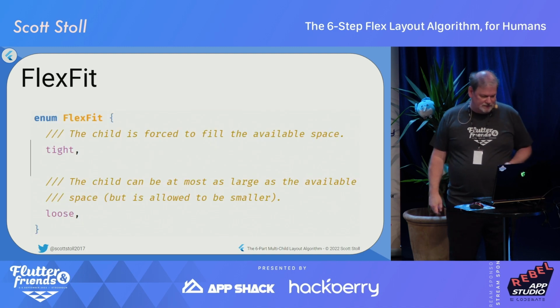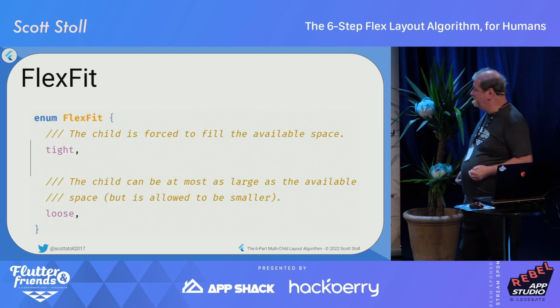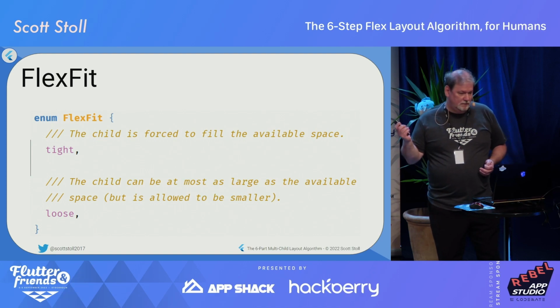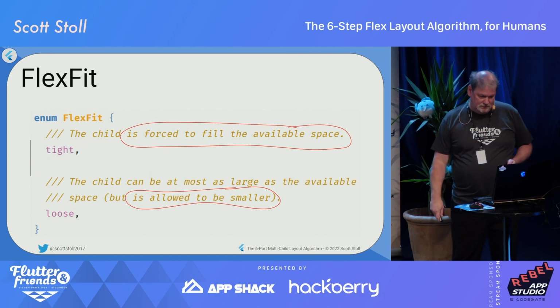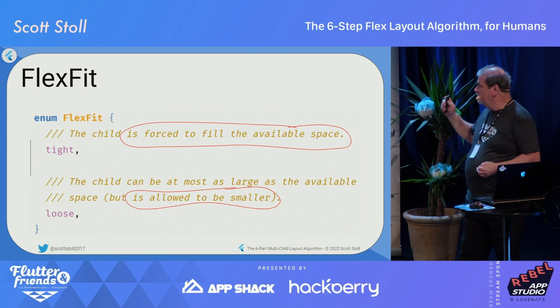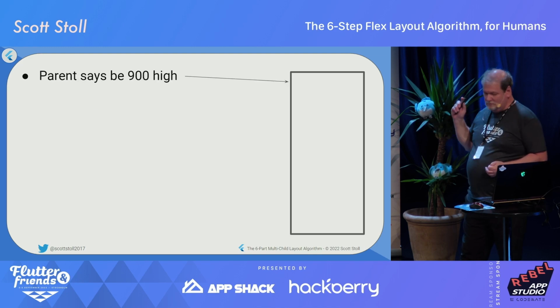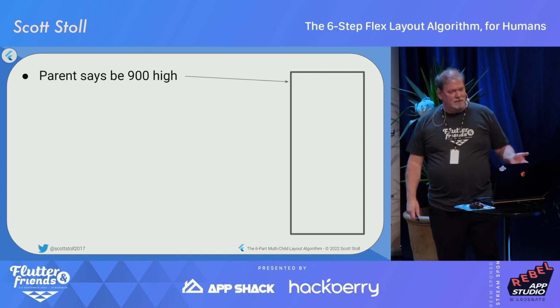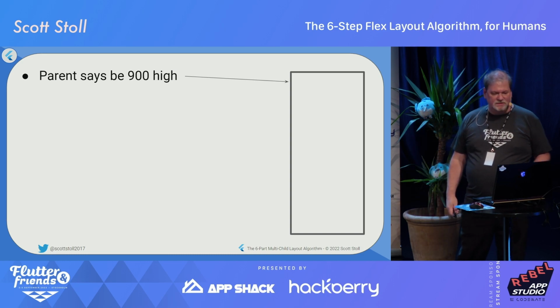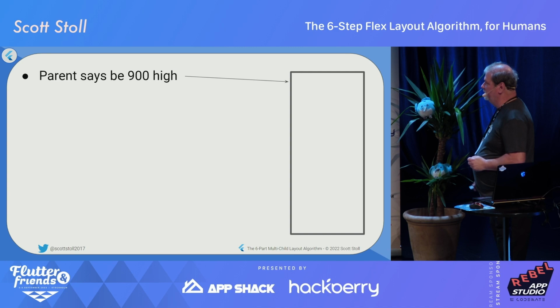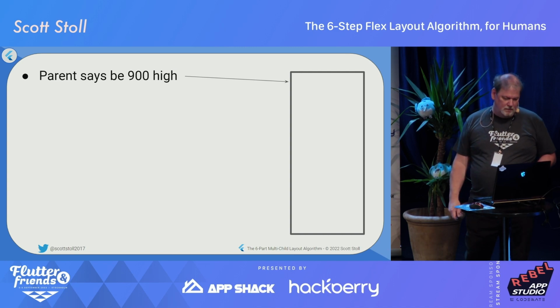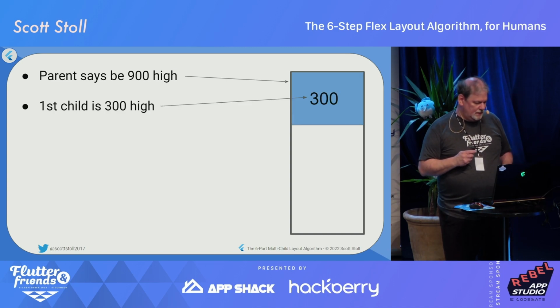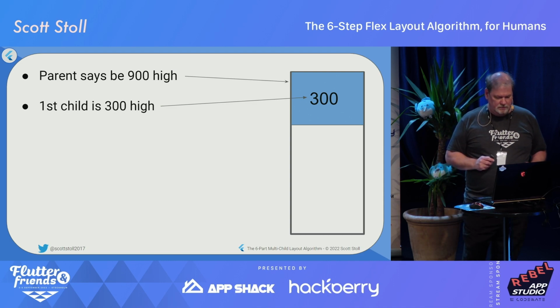Available space means the space reserved for it, right? Like that. Now, my speaker notes are off. All right, let's say the parent is saying the max constraints are 900. Now, the first child is 300.